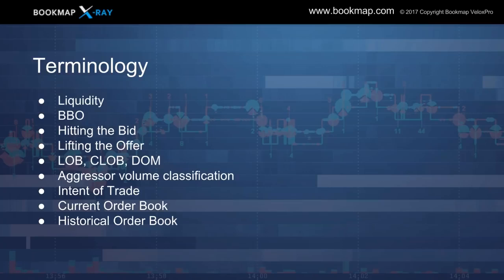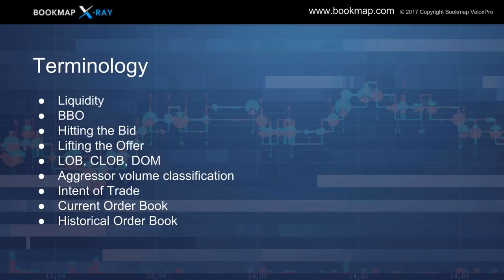Someone hits the market sell button and they'll take liquidity. Lifting the offer is the opposite. They'll hit the market buy button and they will take liquidity off of the best offer. Okay, the LOB, the CLOB, and the DOM: limit order book, centralized limit order book, and depth of market.